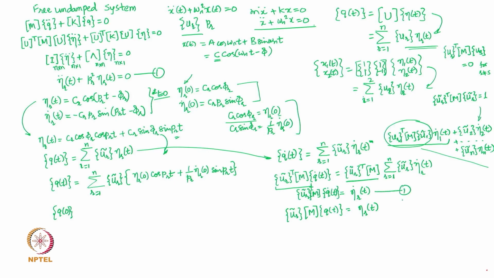So this is 1 and this is 2, which means that if you substitute t equal to 0, I have eta r dot naught is equal to ur transpose m q dot at t equal to 0. Similarly, eta r at t equal to 0 turns out to be ur transpose m q naught.